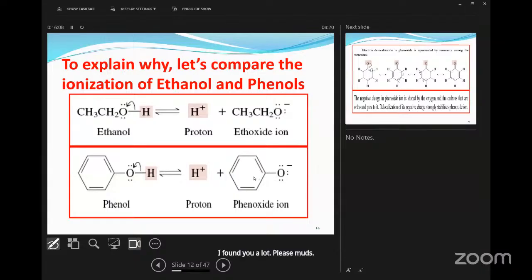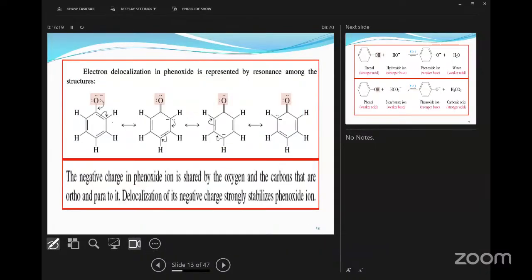So, like I was saying, the phenoxide ion is stabilized because of the, okay, let me show you in the next slide. So this is the next slide, and this is the phenoxide ion.